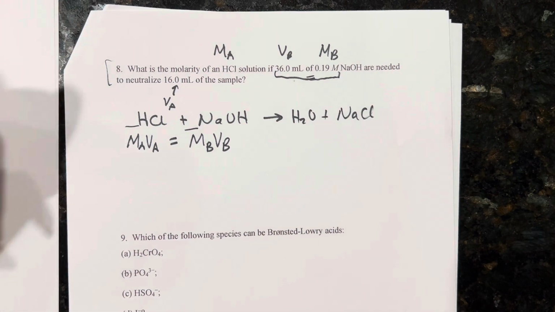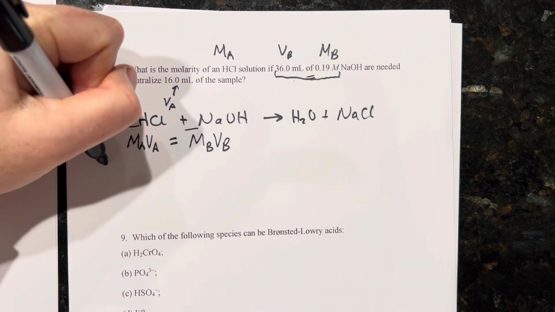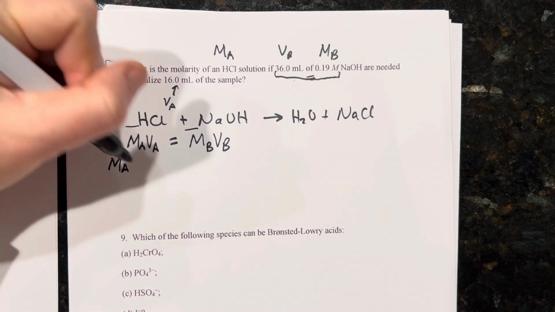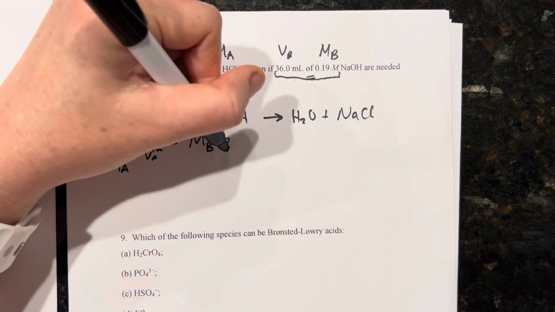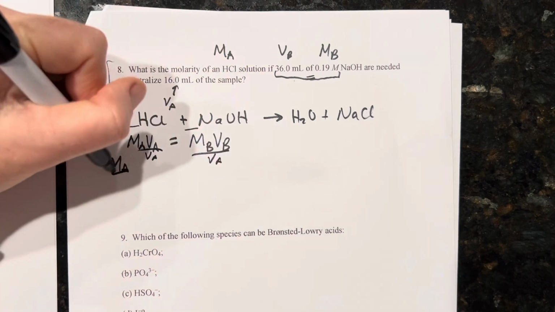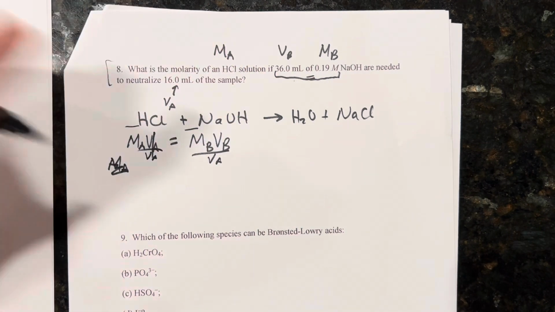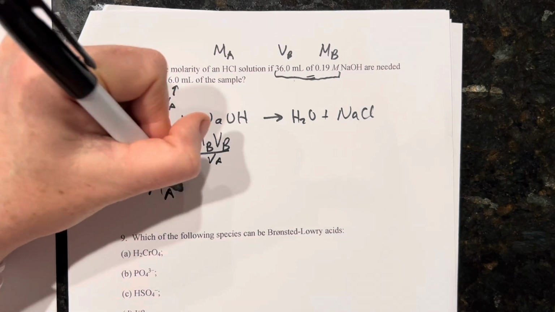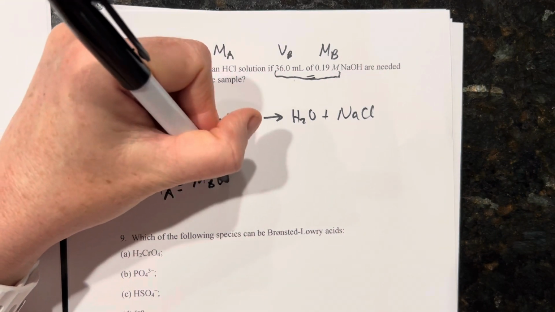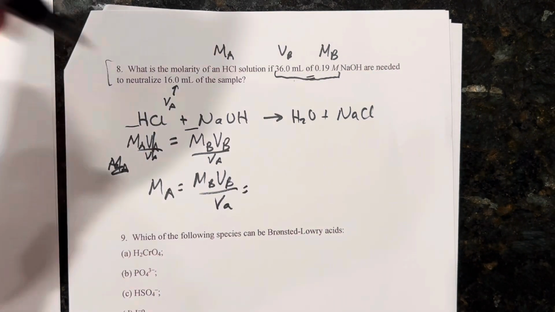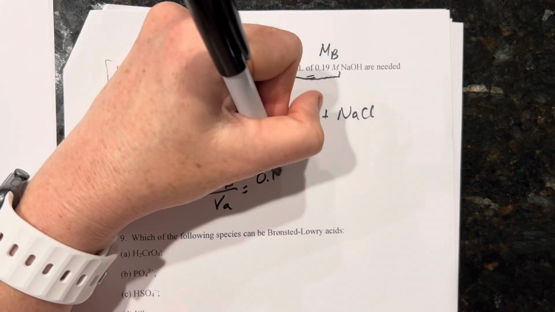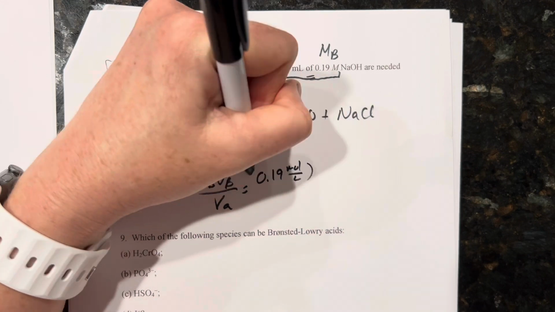All right, now we just plug and chug. We're solving for MA. In order to solve for it, we divide each side by VA. Let me do that first. I've learned that lesson. VA cancels, so our M sub A is equal to MBVB over VA. Our MB is 0.19 mole per liter.